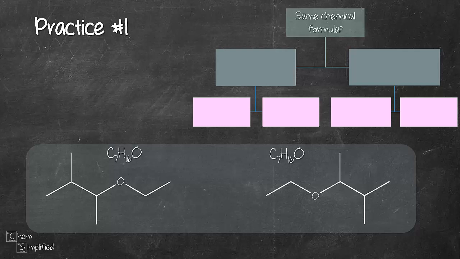So they do have the same chemical formula. So we're going to answer yes. And now we need to ask the next question, which is, do they have the same structure? So we need to look at the two structures and analyze to see if they're connected in the same way. It's up to you how you want to do this, but usually for me, I just find a focal point and then I try to compare and make sure that they are connected the same way. So if I'm looking at the two structures, I have two groups connected to my oxygen.